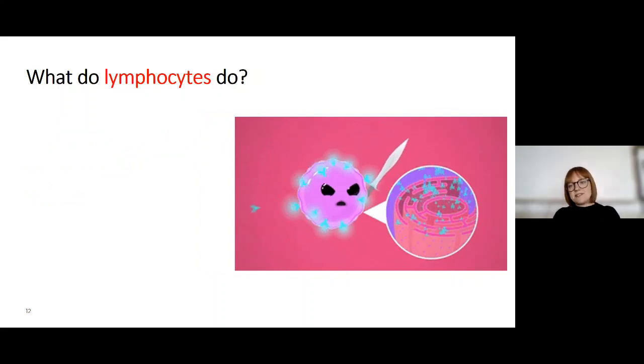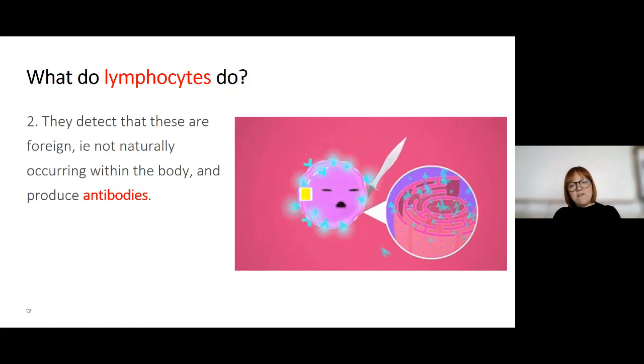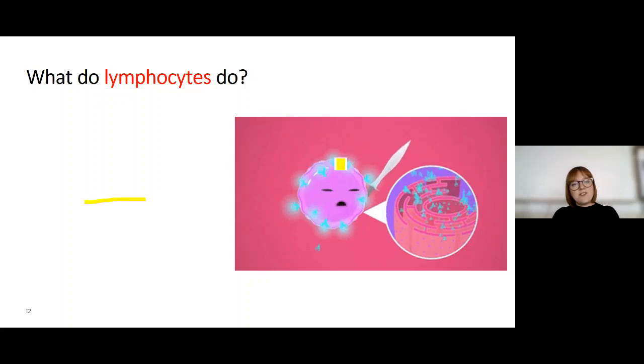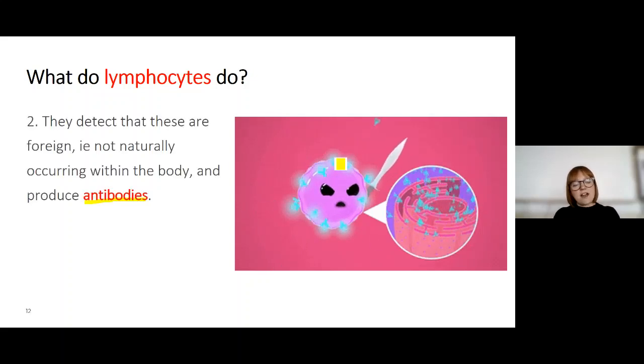The next thing that happens, as we can see here, is the lymphocyte producing something called antibodies. Now, the lymphocyte itself will recognize from the first video that that flu virus doesn't belong in the body. We say that it is foreign, or not naturally occurring within the body.